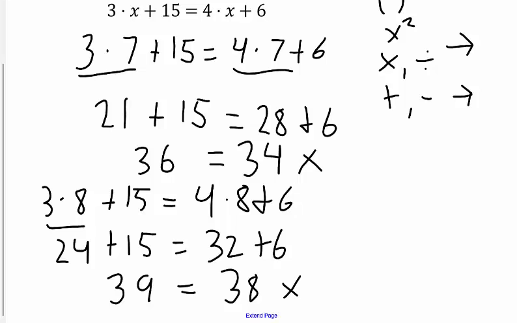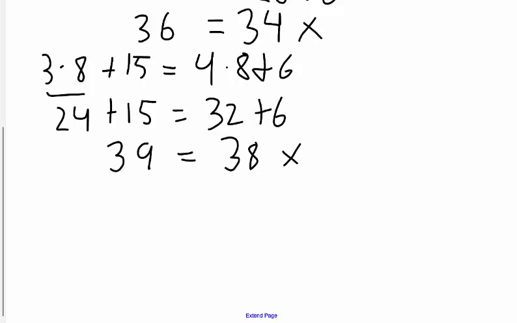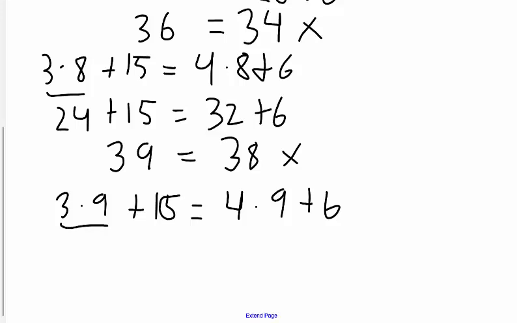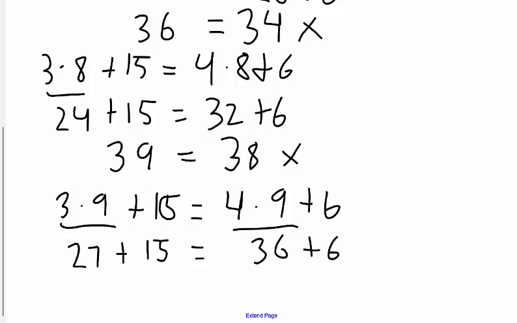All right, let's do one more. Let's do 9. So according to that, it's not 7, it's not 8. Let's try 9. So we know it's 3 times 9 plus 15 is equal to 4 times 9 plus 6. 3 times 9 is 27 plus 15 equals 4 times 9 is 36 plus 6. 27 and 15 is 42.